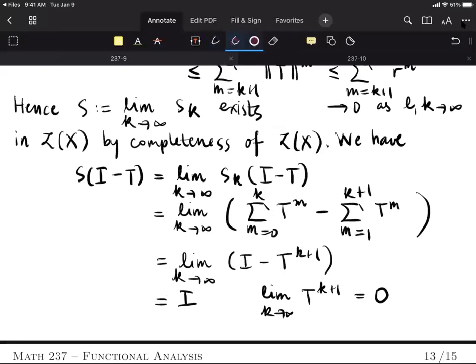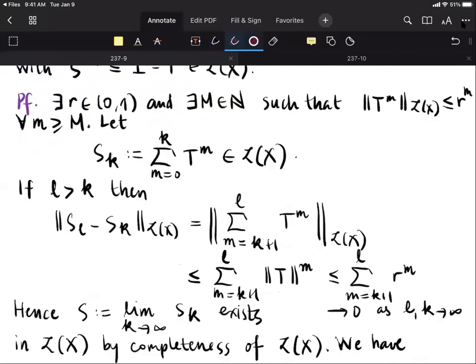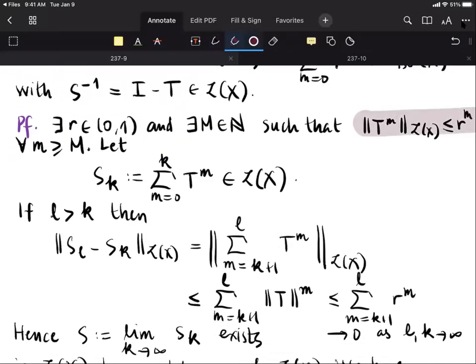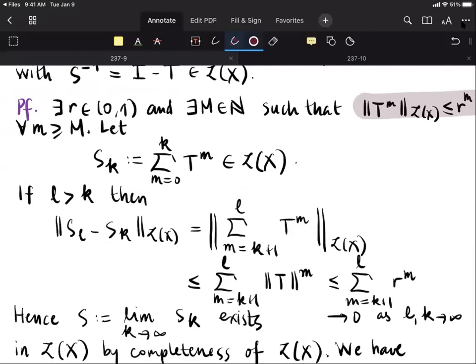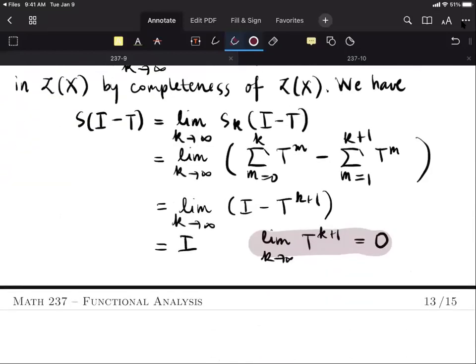This comes from the fact that you have this estimate here. If you replace m by k and pass k to infinity, noting that r is less than 1, the right-hand side will tend to 0.